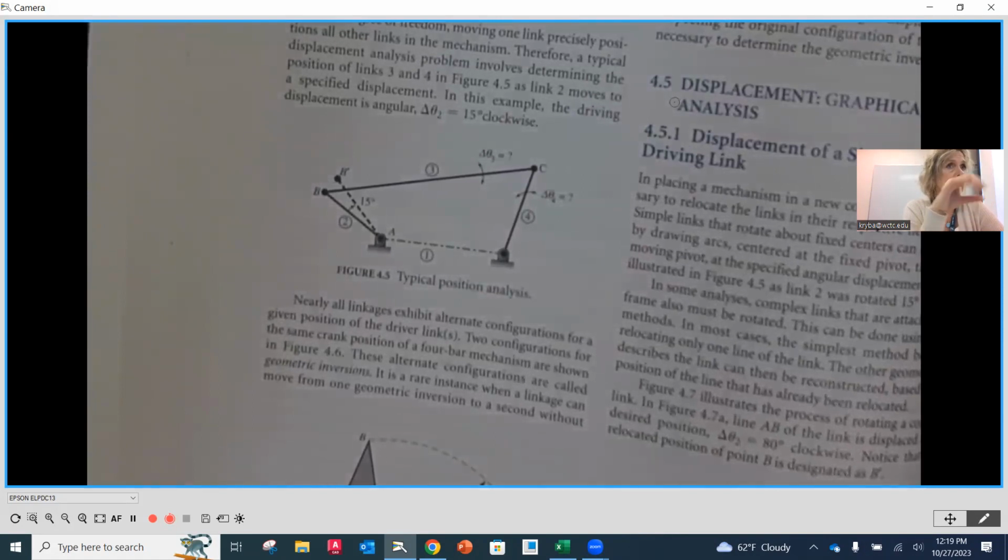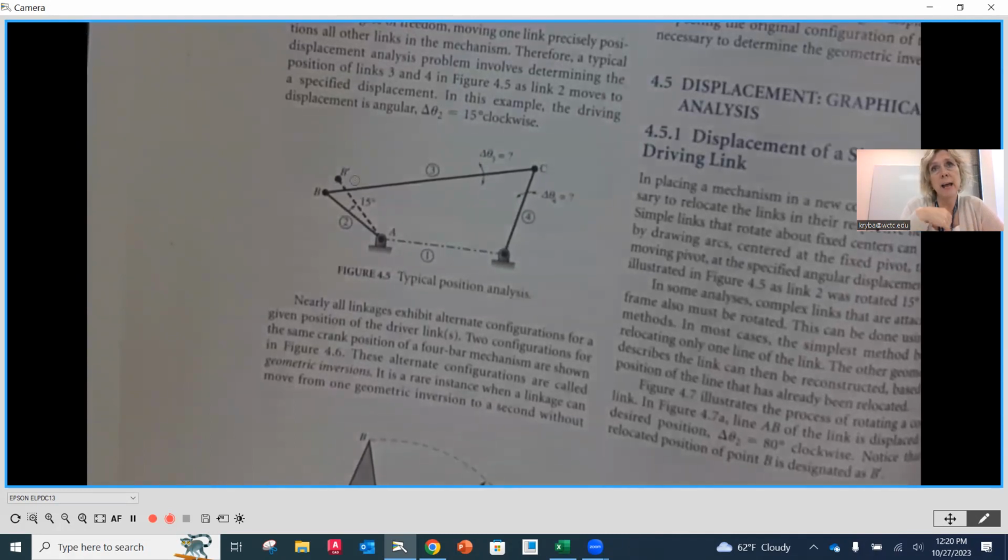A stays in the same place because that link is rotating about that fixed position. So notice that we now have a new position for B, and they're calling that B prime. And they moved that driver link 15 degrees.